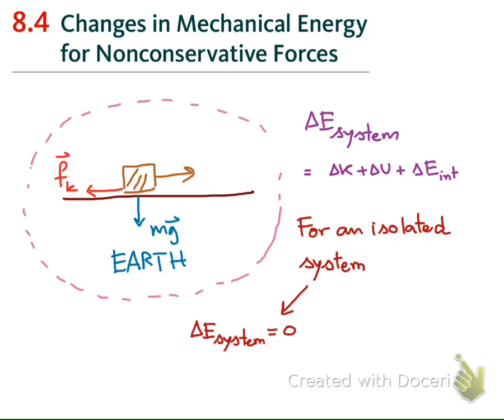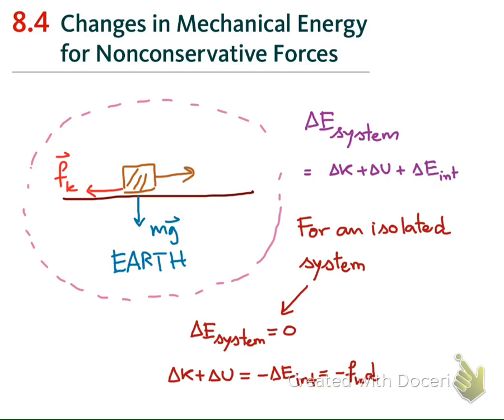So it means that the change of the kinetic energy plus the change of the potential energy must equal minus the change of the internal energy, which equals minus FkD, which is the work done by the kinetic friction.